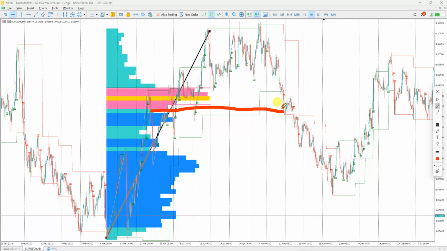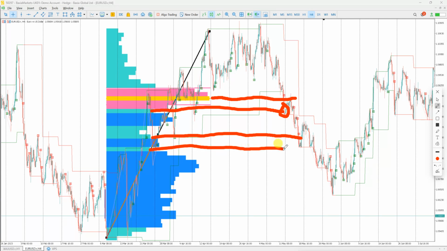You see? It touched the low liquidity zone and it corrected. And then it went back to the high volume node. And then here again, it touches that. It sweeps all of this until here, right? And then it went back to the highest node cluster here.